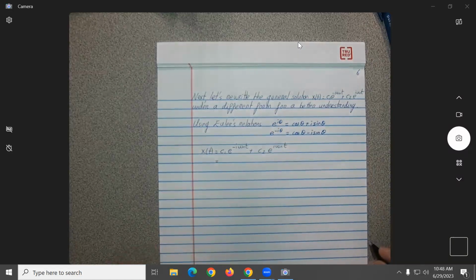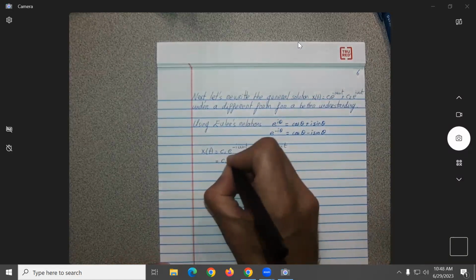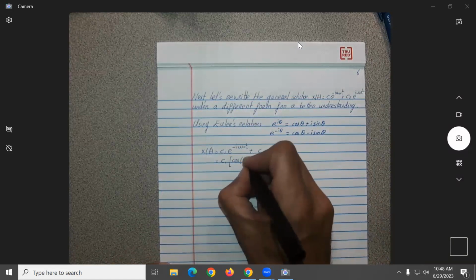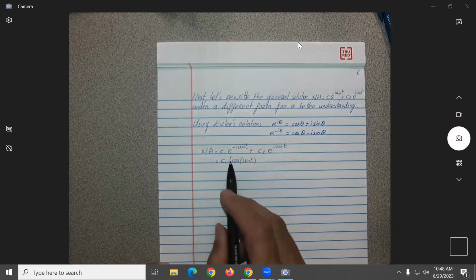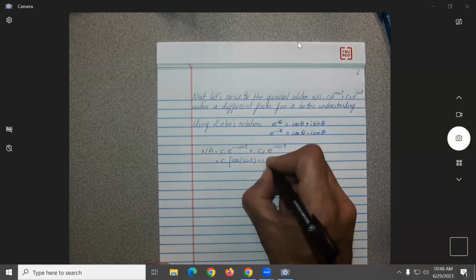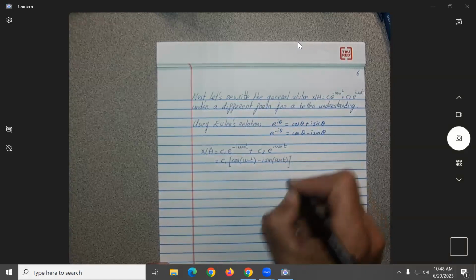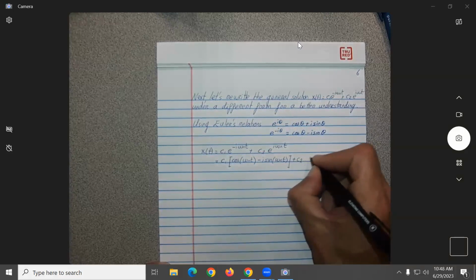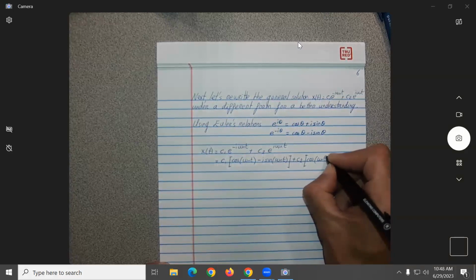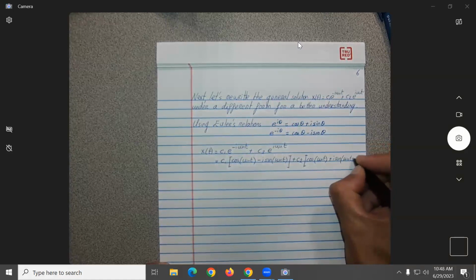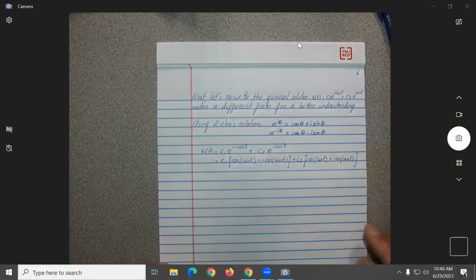We can rewrite that equation as c1 cosine omega n t, so this one is the negative first, minus i sine omega n t, plus c2 cosine omega n t plus i sine omega n t.